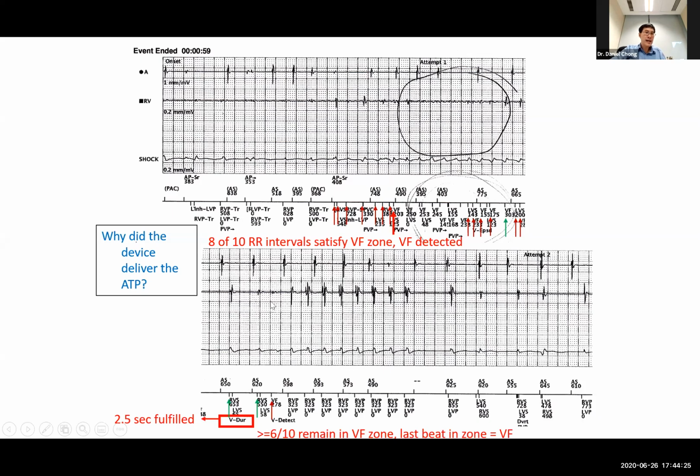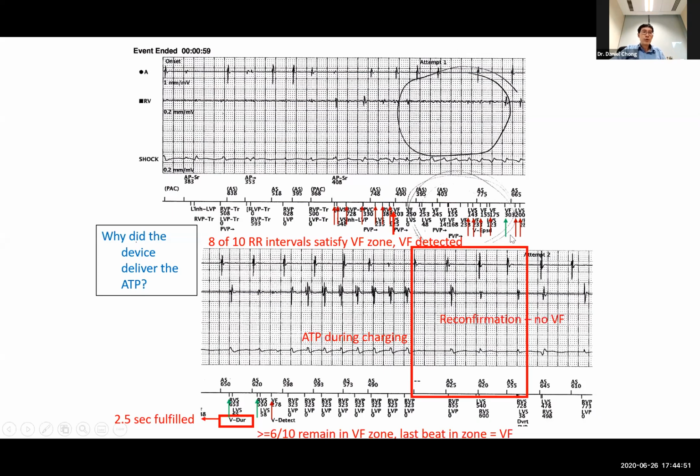And you can see that the last beat over here, I don't know whether you see my cursor, I think it's there, also falls into the VF zone. So when all these parameters are met, essentially it's still considered VF and ATP therapy is delivered. So the answer is the VF detection parameters are met. So ATP is delivered during charging.